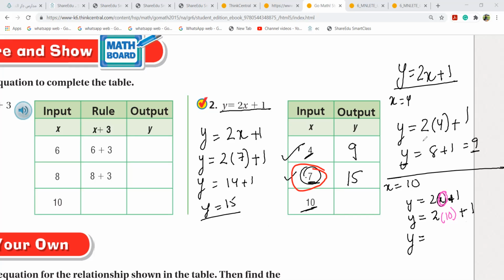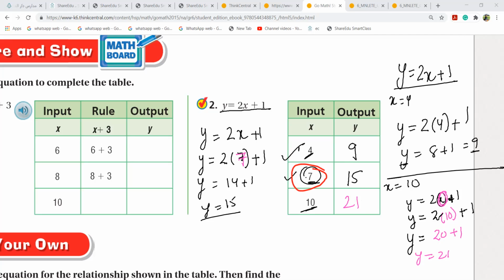In the question of 7. I wrote y equals 2x plus 1: 2 copied, instead of x I wrote 7, and plus 1. So 2 times 7 is 14. Don't forget, this is times. When it is a bracket and a number, it is times. 14 plus 1, so y equals 15.